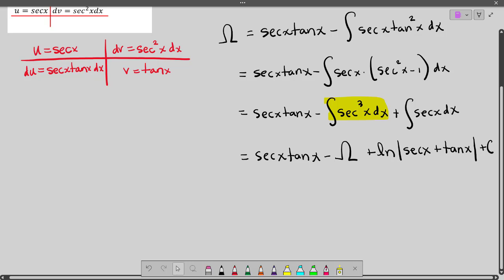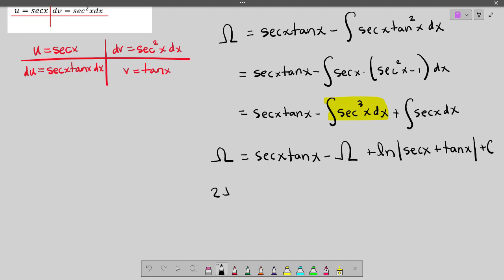So now we have omega on the left, we have a negative omega on the right. So if we add omega to both sides, that is going to give us the following. We have that. We already have that random plus c over there, so we don't need another one.